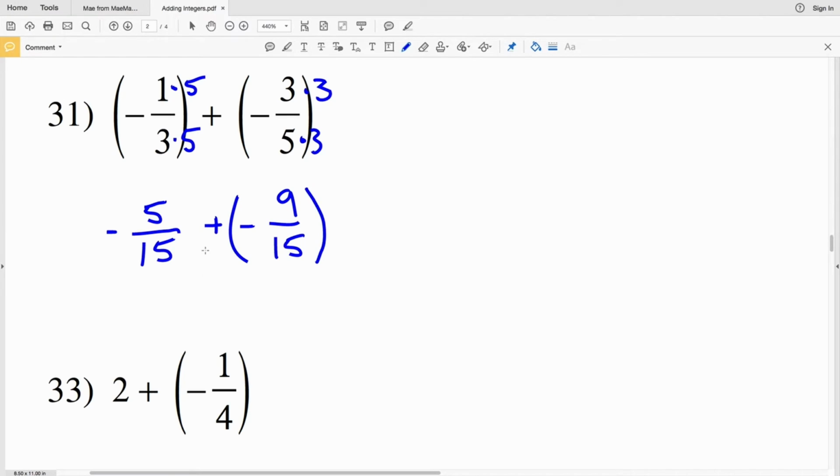So that's going to be a negative 9/15. So we have negative 5 plus a negative 9 all over 15. A negative plus a negative is still going to be a negative, and we're going further to the left on that numerator. A negative 5 plus a negative 9 is going to give us a negative 14 over 15.